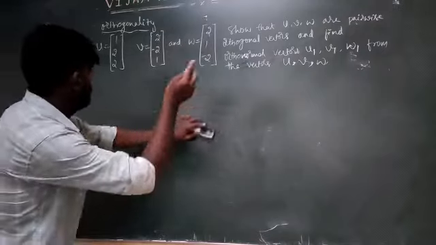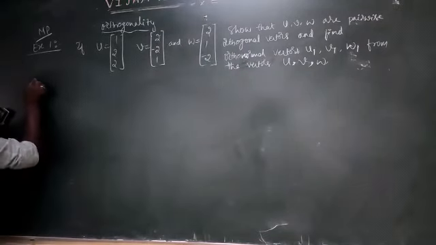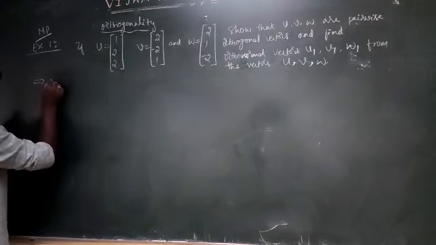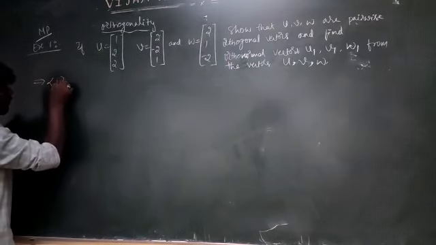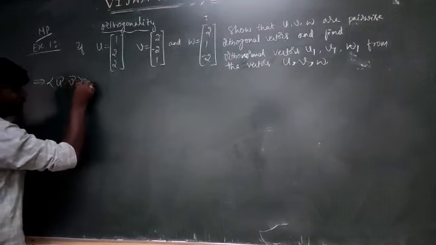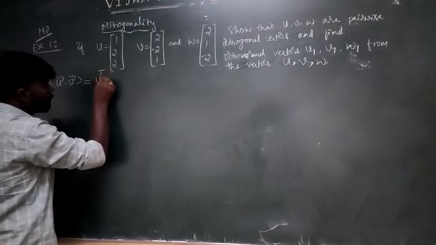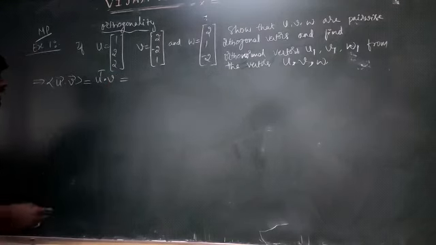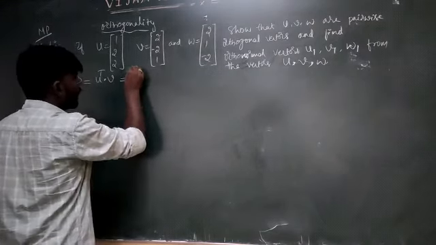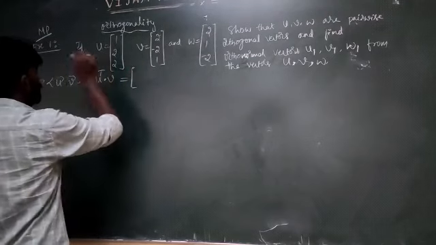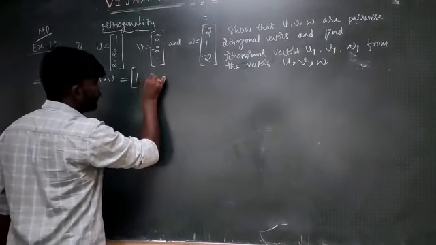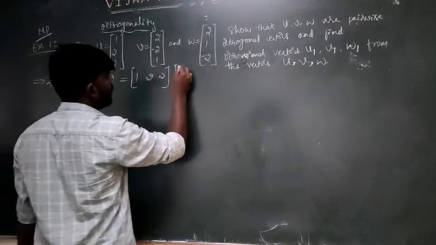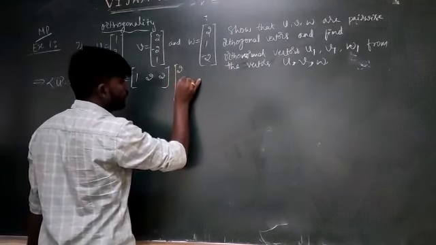If we take u and v, their inner product is u transpose dot v, which equals 1, 2, 2 times 2, -2, 1.